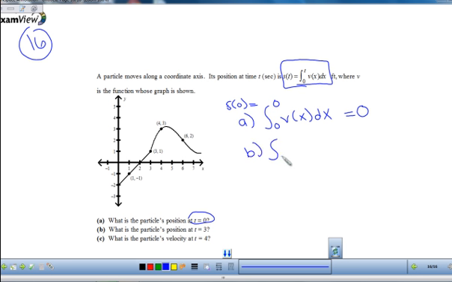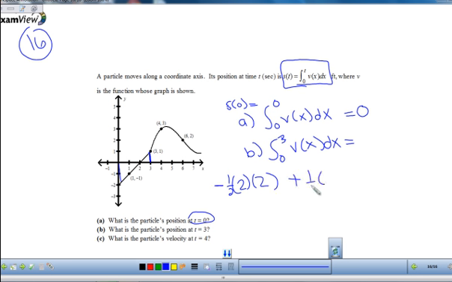Second one, from 0 to 3. So this means find the area under the curve from 0 to 3. So we basically have two triangles. First one has a base of 2 and a height of 2, and it's going to be negative because it's below the x-axis.